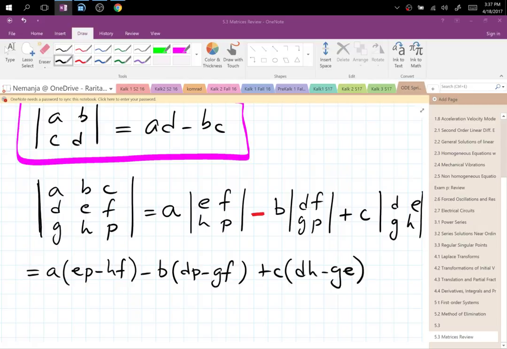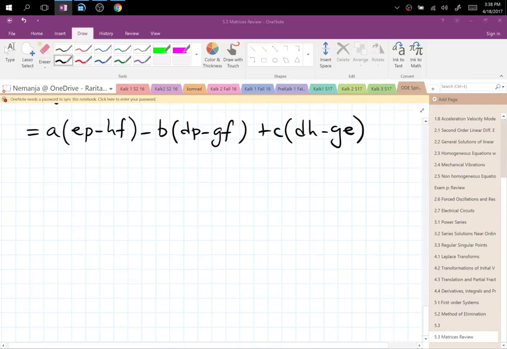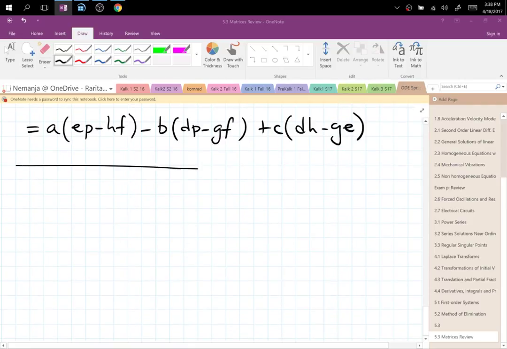Well, you break a 4 by 4 determinant into 4 3 by 3s, and then each one of the 3 by 3s into 2 by 2s. So after 12 calculations, you end up with the determinant. And then the higher the order, the more annoying it begins, right, until you go crazy. So let's compute the determinant of a matrix.